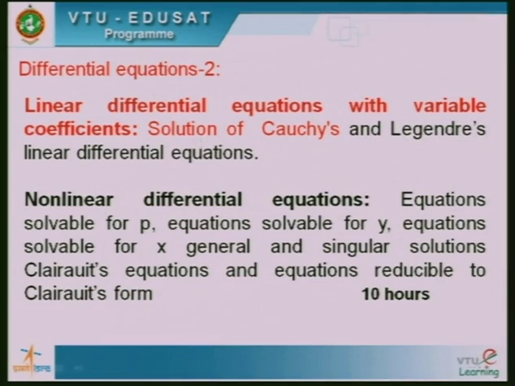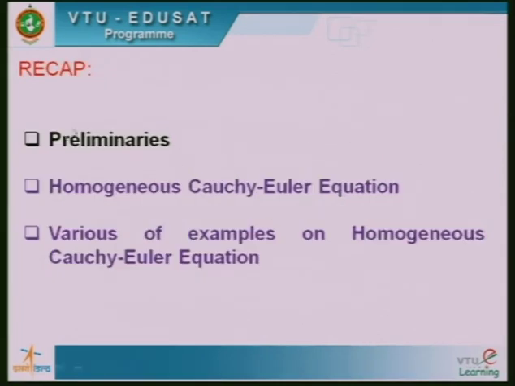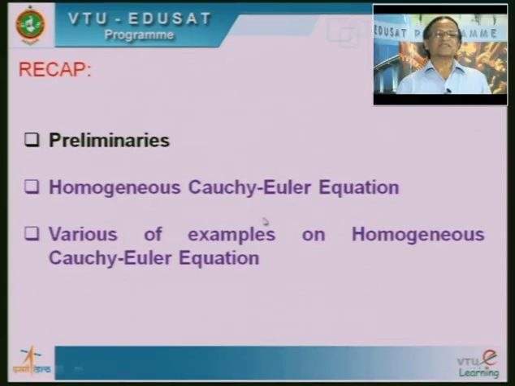So, now I am planning to cover non-homogeneous Cauchy-Euler equations and then we shall discuss Legendre linear equations. As I have mentioned, first we discussed the preliminaries and homogeneous Cauchy-Euler equations, and I solved various examples on them, right.